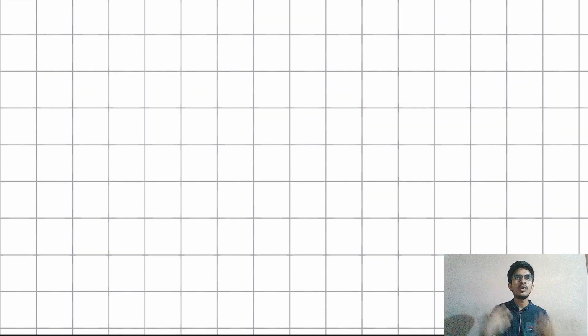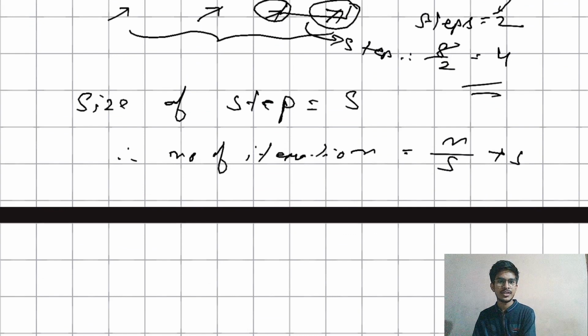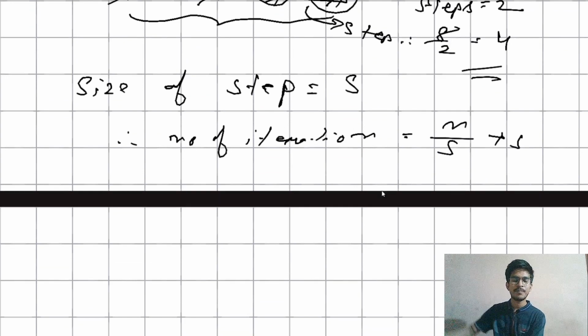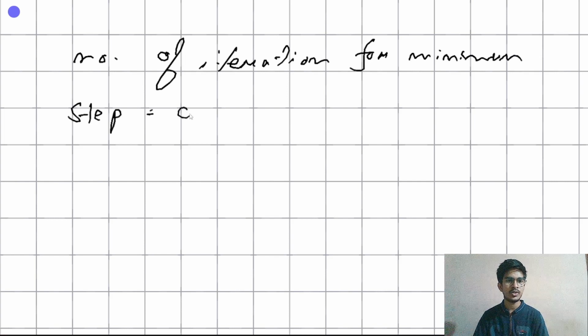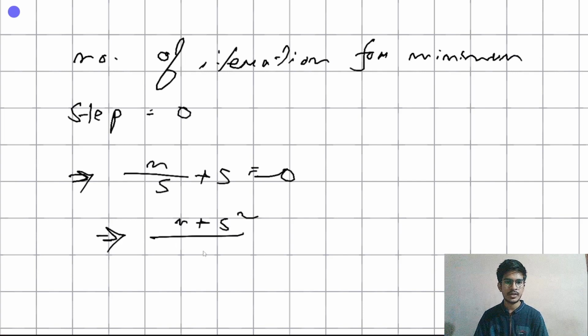We want the whole thing to be calculated in 0 steps, so the number of iterations should be equal to 0. That means you can say n upon s plus s equals 0. And if we multiply it by s, we get n plus s square upon s equals 0.